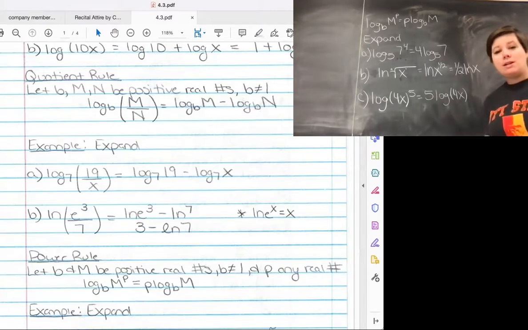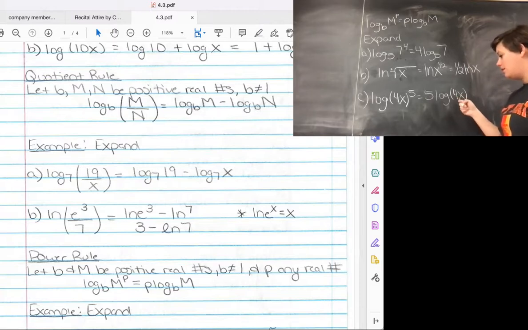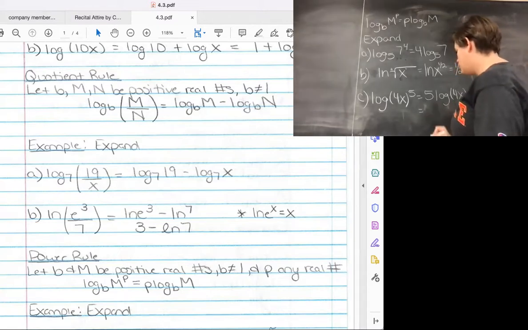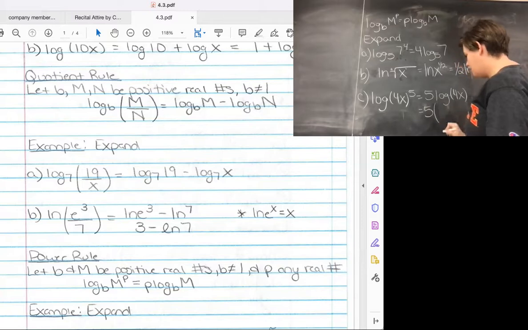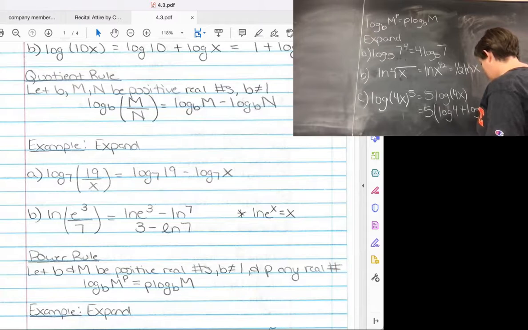But if we were to expand it completely, then no, because we have a product happening in here. So we need to expand this further using the product rule. Okay? And the way that we would do that is you could do 5 times log 4 plus log x. You could write it like this, or you could distribute that 5 to both of those logs. Either way would be correct.